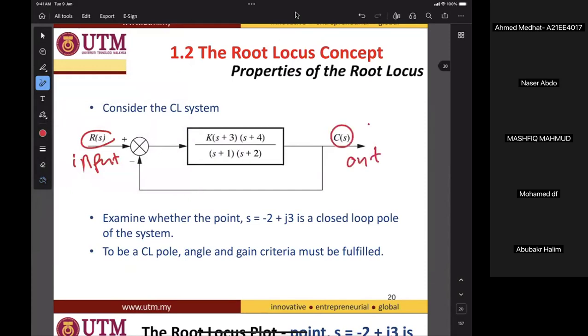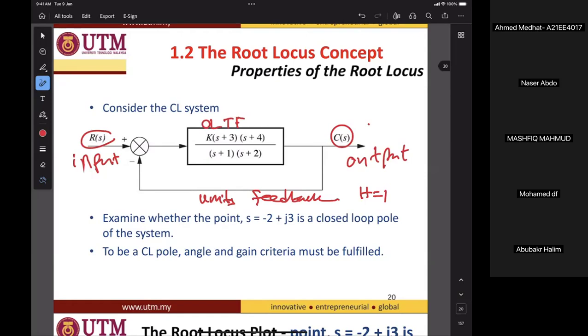And you are given a unity feedback, H is equal to 1. And here you are given the open loop transfer function.